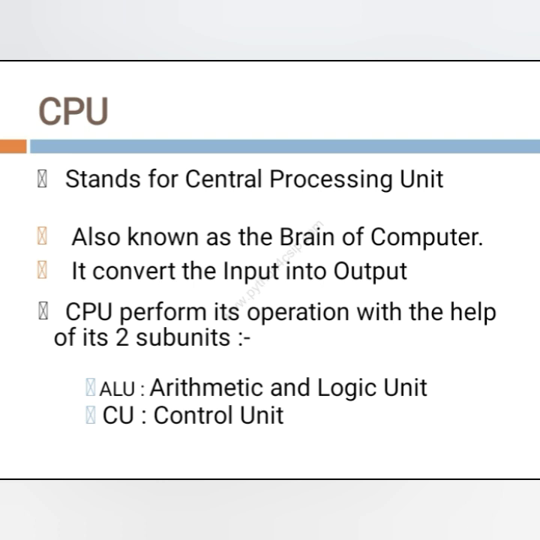CPU stands for Central Processing Unit. It's also known as the brain of the computer, and its main purpose is to convert the input into output. CPU performs its operation with the help of two subunits, ALU and CU.